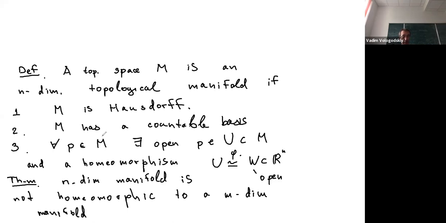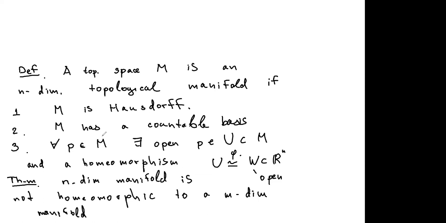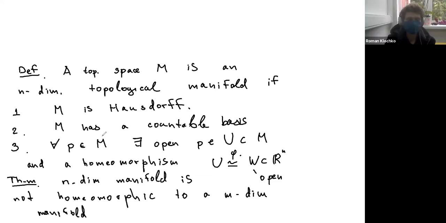We will use the existence of a countable basis when we talk about partitions of unity on manifolds, even integration. But personally, I don't know any reasonable examples when property 2 fails. We will see how we're going to use 2 later, but this is not a restrictive condition at all. The most important condition is 3.